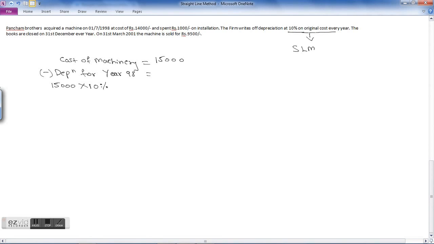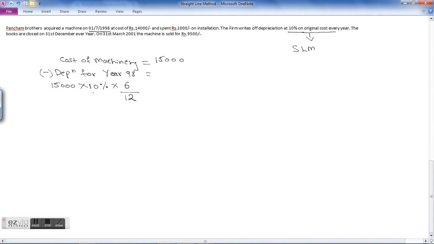Now 10% is every year. Now remember one thing, the machinery is purchased on 1/7/98. So depreciation will be charged only from 1/7/1998 to 31st December 1998. That is only for 6 months. So into 6 divided by 12.